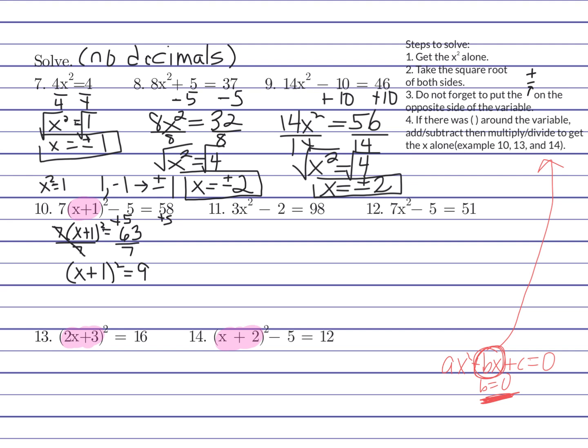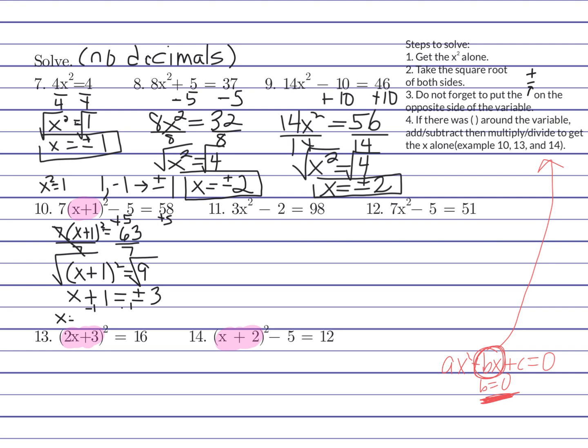I'm going to take the square root of both sides. So x plus 1, because the square root of x plus 1 squared is x plus 1, equals, don't forget the plus or minus, and the square root of 9, excuse me, is 3. Now I'm going to subtract 1 to the other side.